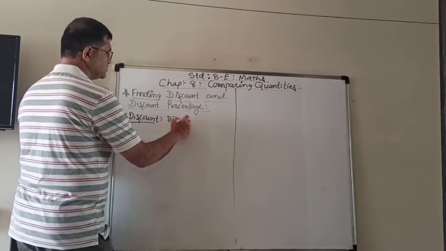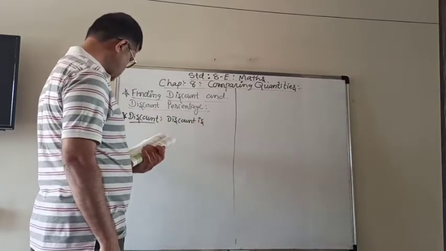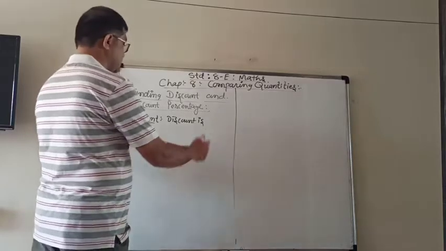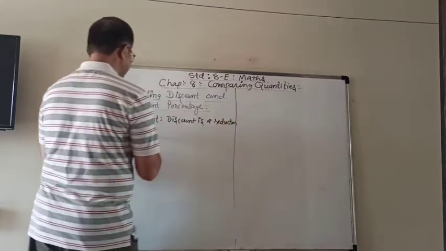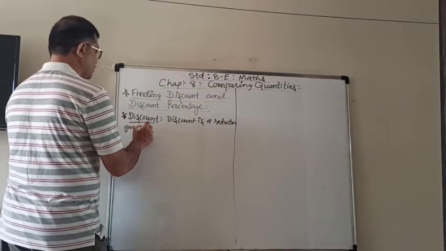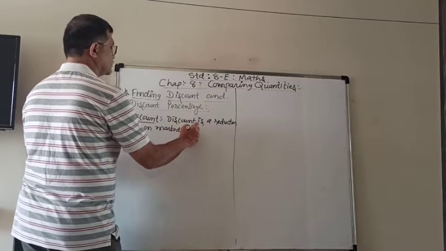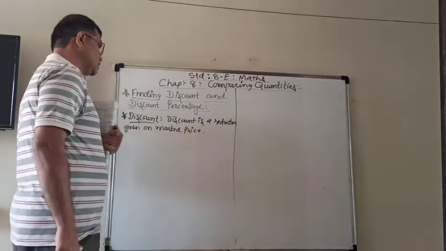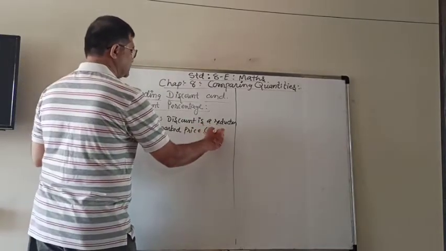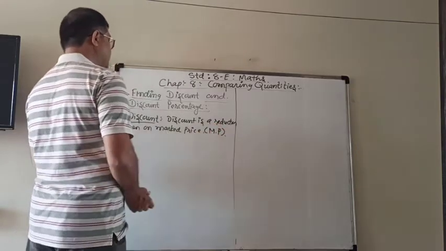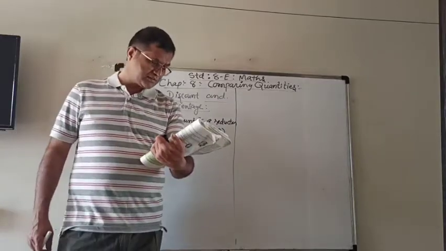Discount is the reduction given on marked price. So now marked price means MP, and therefore the selling price will be less than the marked price.